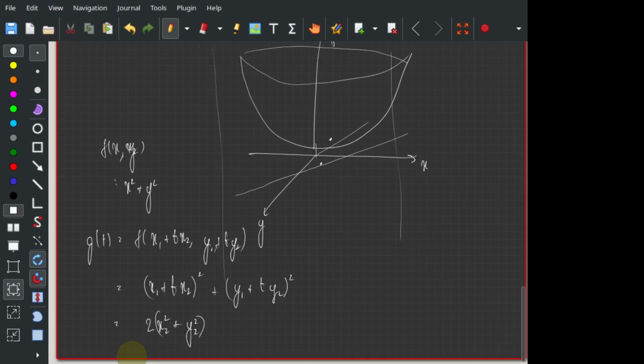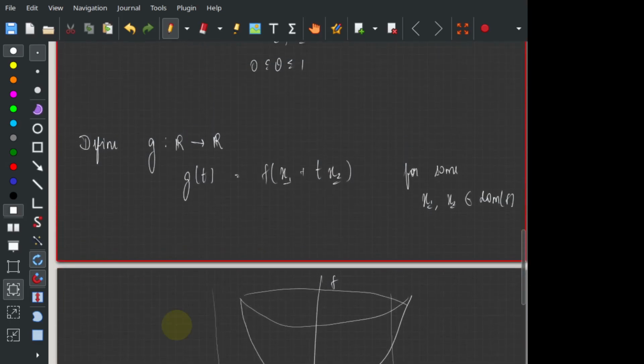Now, what can you say about the second derivative? Right, so it's always greater than or equal to 0, depending on x2, y2. If I take x2 and y2 to both be equal to 0, then it's 0. It's kind of trivial, but for anything else, it's going to be strictly positive. So this function is convex.